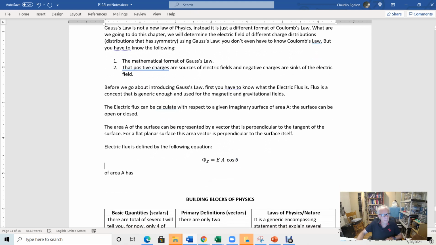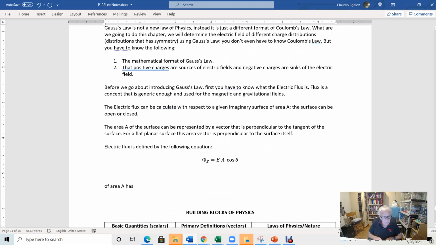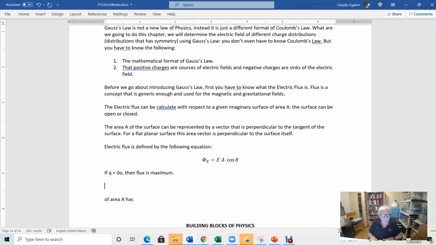If theta is equal to 0 degrees, then the flux is maximum.